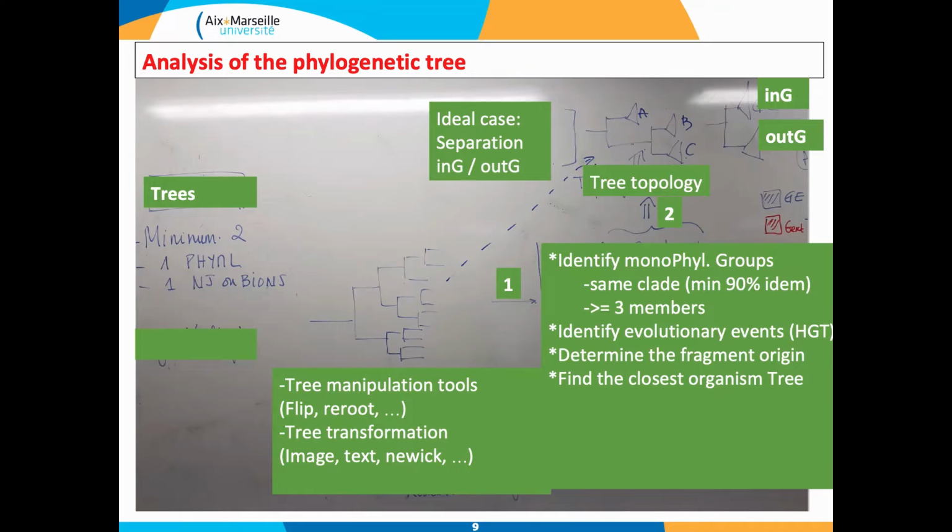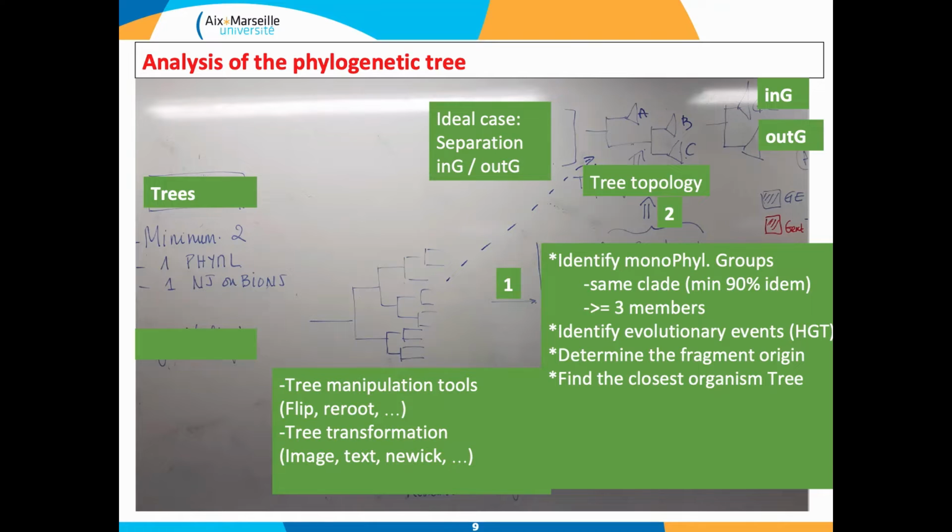So you can have 2, 3, 4 different distinct monophyletic groups in your tree, depending on your fragment. Once you get that, I move to another slide.